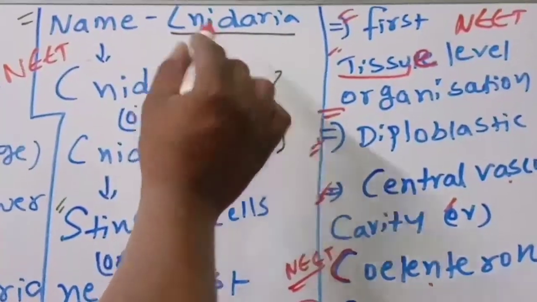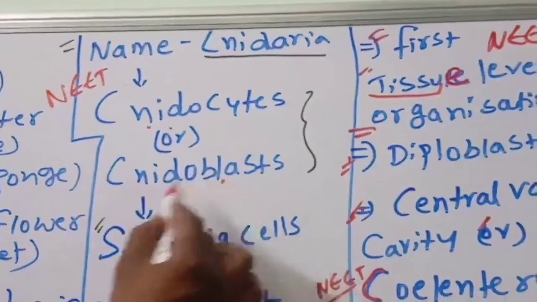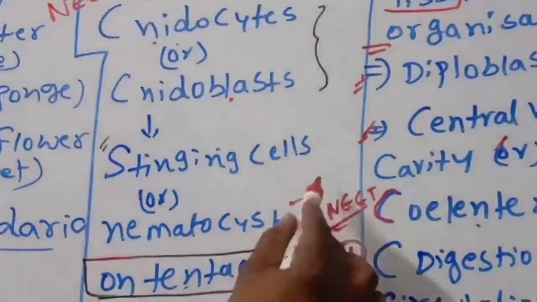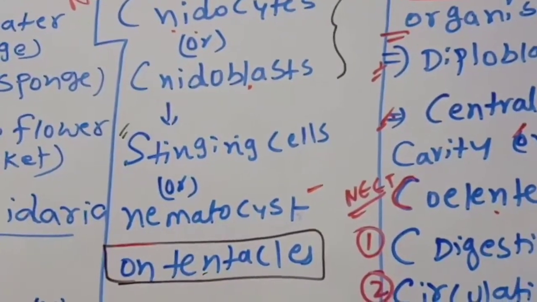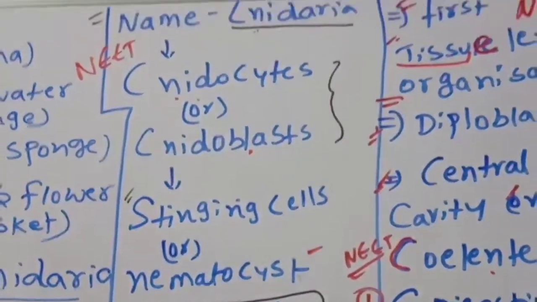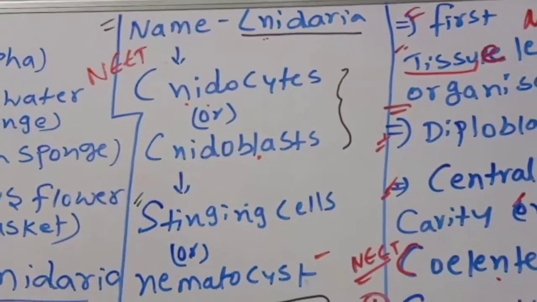Why are they called cnidarians? Because they have cnidocytes or cnidoblasts with stinging cells, also called nematocysts. That's why we are calling them cnidarians.